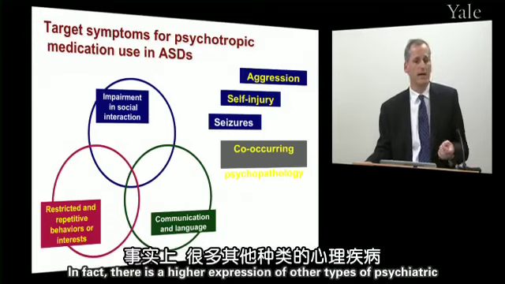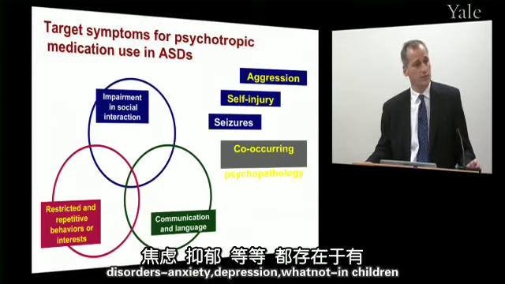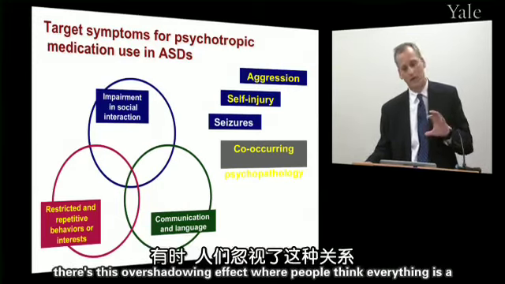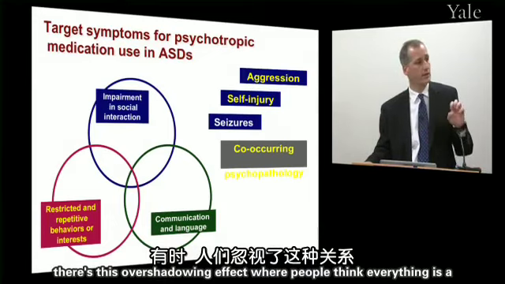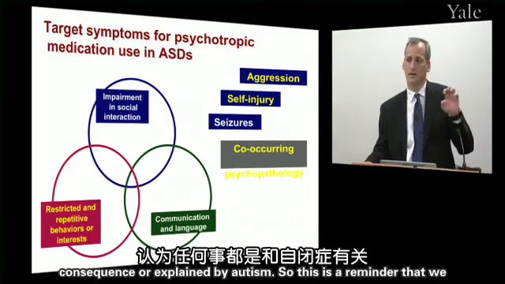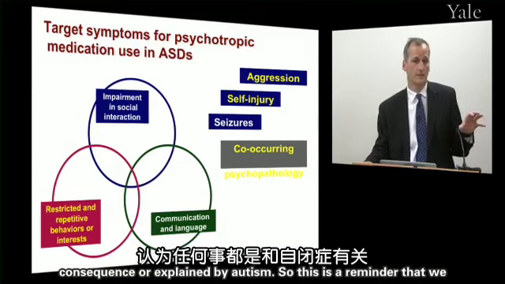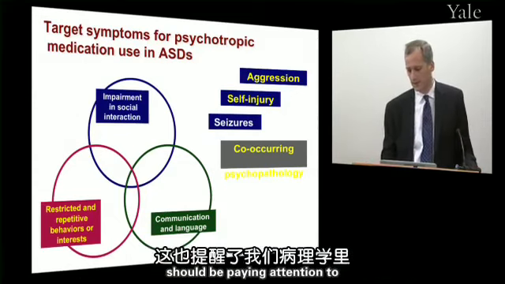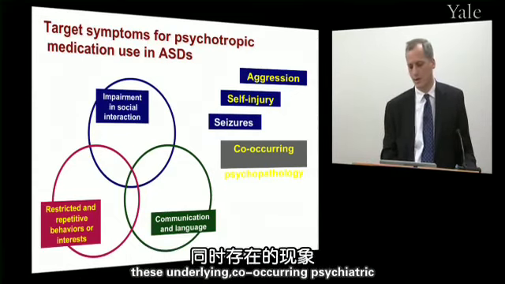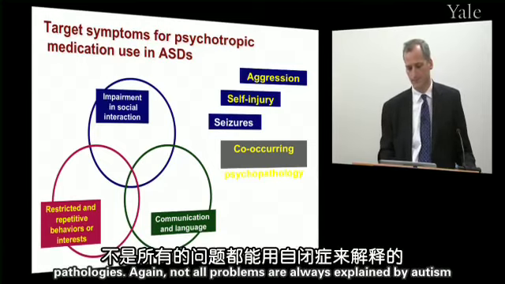In fact, there's a higher expression of other types of psychiatric disorders, anxiety, depression, whatnot, in children with autism. And sometimes there's this overshadowing effect where people think everything is a consequence or explained by autism. So this is a reminder that we should be paying attention to these underlying co-occurring psychiatric pathologies.